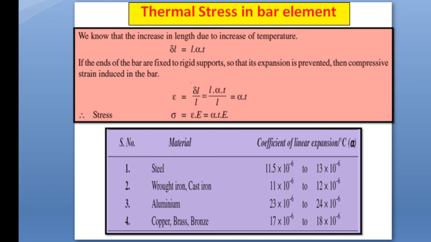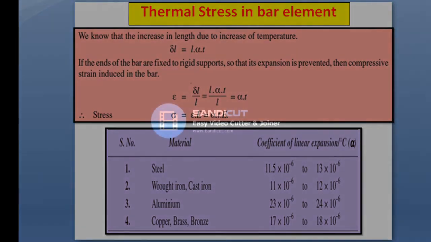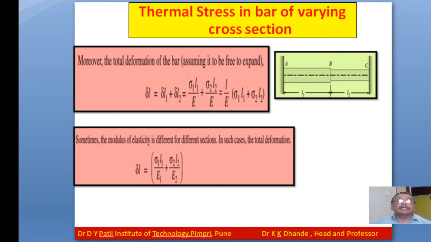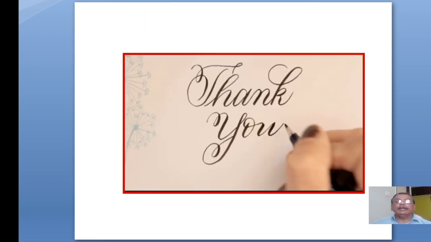Here in this table, different linear coefficients of expansion for different materials are given. In the second case, if the bar has different materials, its modulus of elasticity will be different. So instead of E, we have written E1 and E2. Okay, thank you.